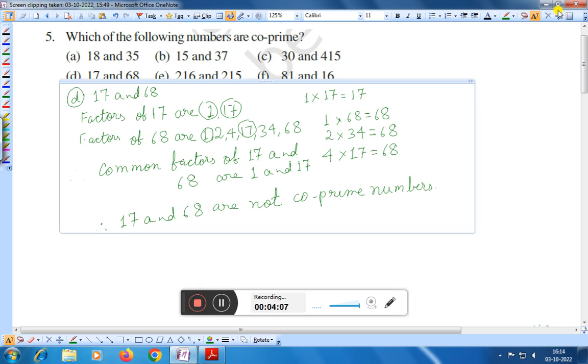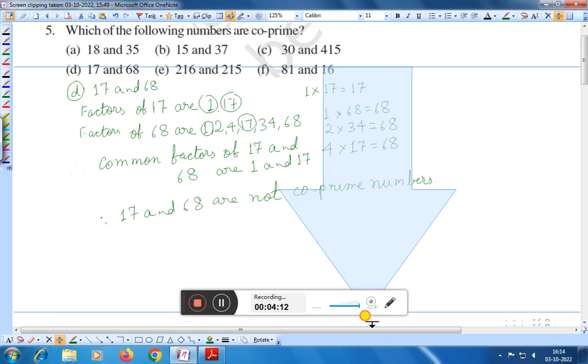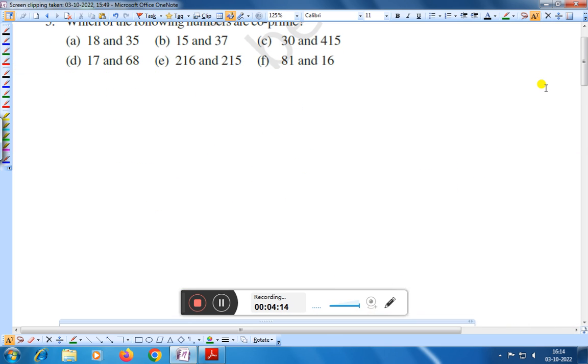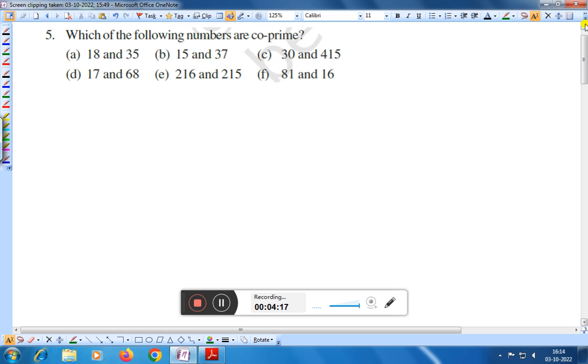Question number E: the numbers are 216 and 215.